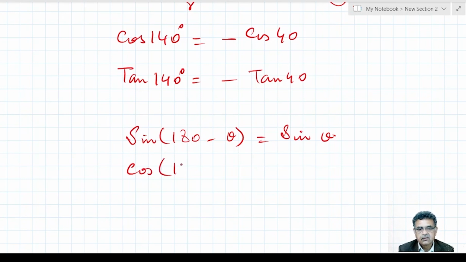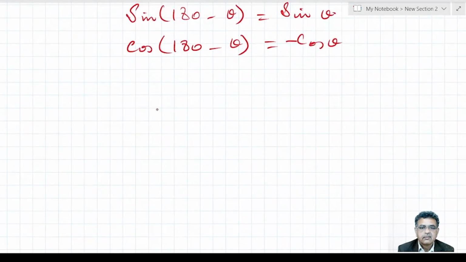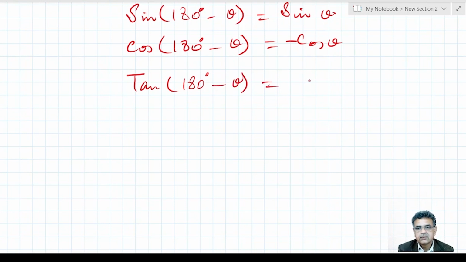Cos 180 minus theta is equal to minus cos theta, and tangent 180 degrees minus theta is equal to minus tangent theta.